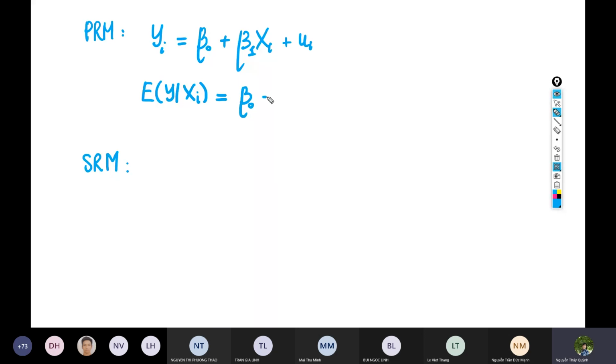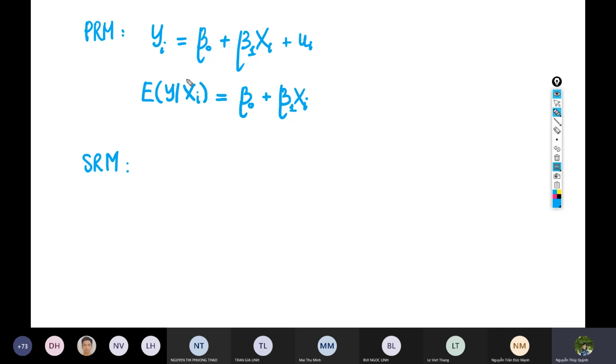Equal to beta 0 plus beta 1 multiplied by xi. Okay, right. So these are two ways that we can write down the population regression model.